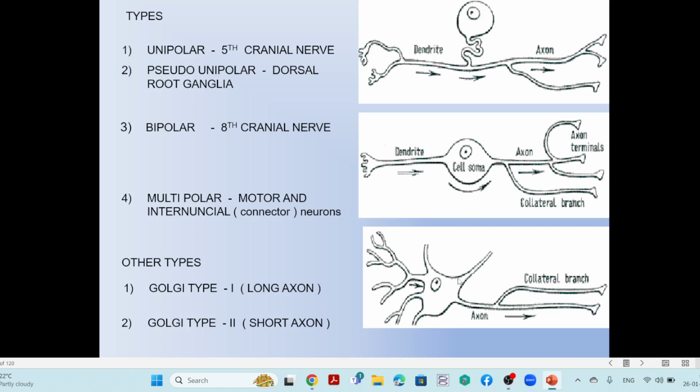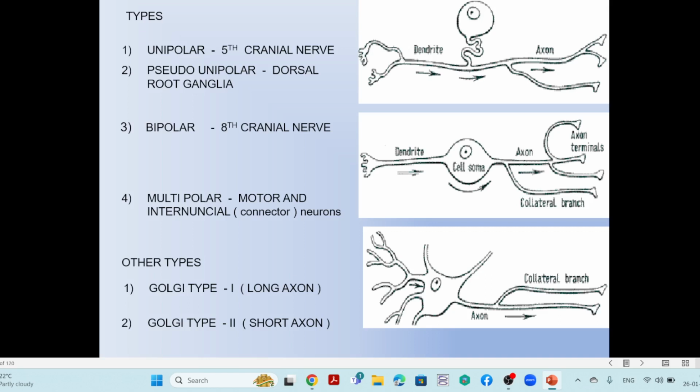This is the multipolar neuron. The majority of multipolar neurons are present in the motor and internuclear connector neurons. The unipolar neuron is found particularly in the fifth cranial nerve and also the dorsal root ganglion of the spinal nerve.